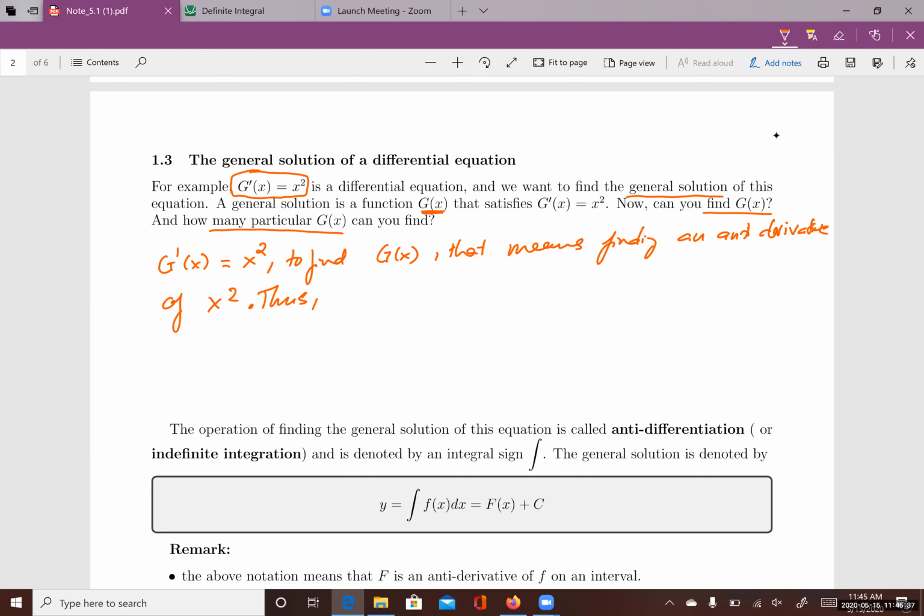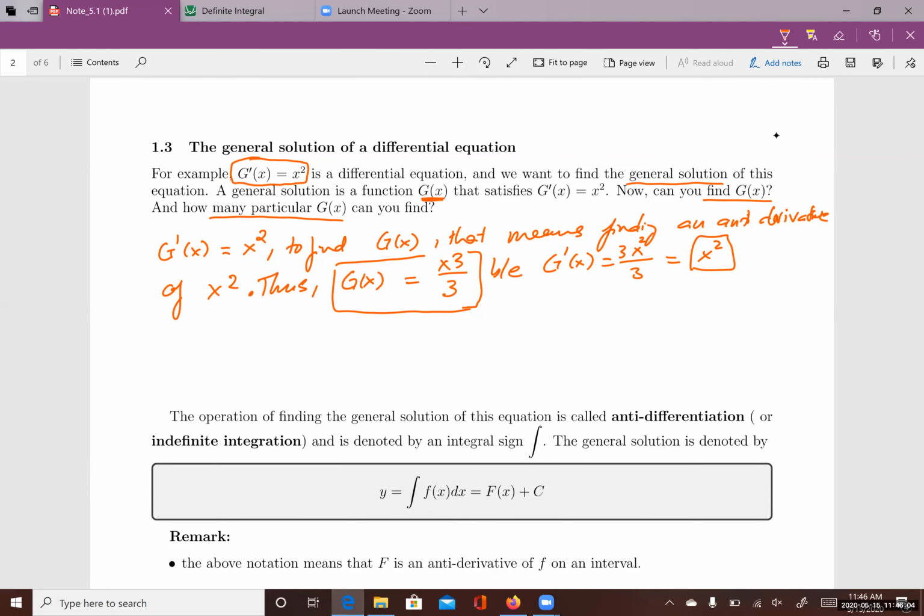There's g of x equals x cubed over 3, because g prime of x equals 3x squared over 3 equals x squared. So we found g of x equals x cubed over 3. What does that mean? That means if you have a differential equation, in order to find the general solution g of x, you should find the antiderivative of the function x squared here.